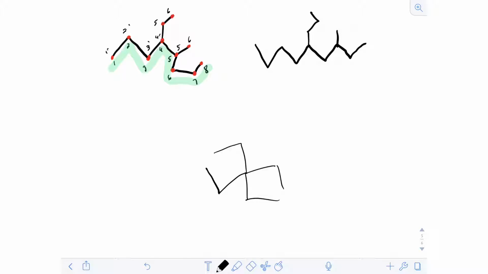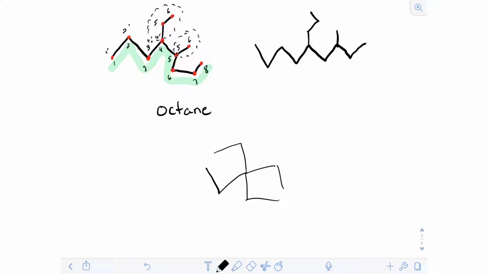So we know 8 is our oct. And when there's no double or triple bonds, we know it's octane. And then we know there's a methyl group right here on the 5. And then we know there is an ethyl group right here.